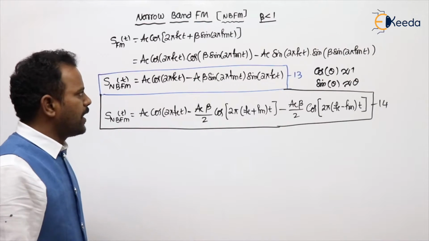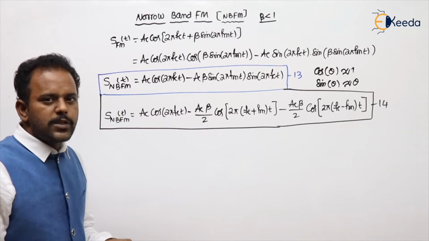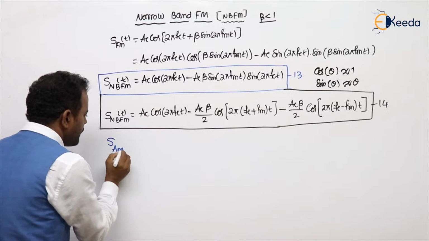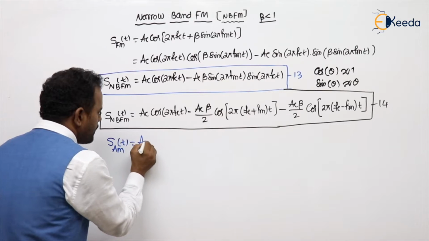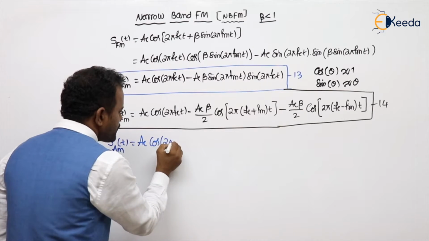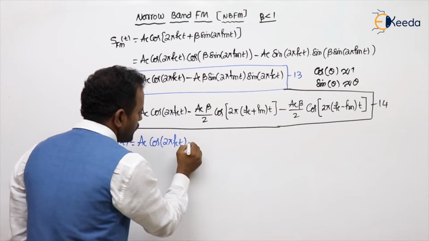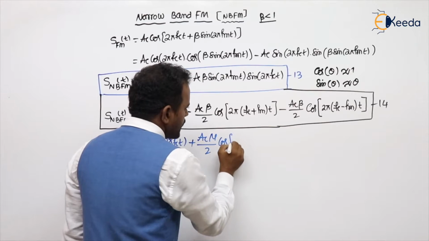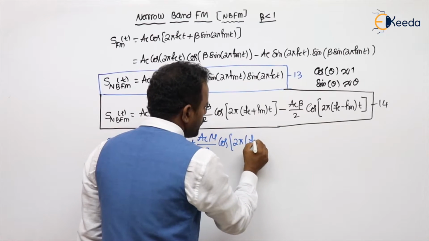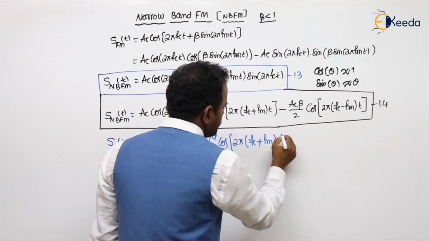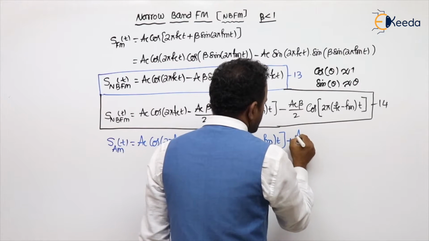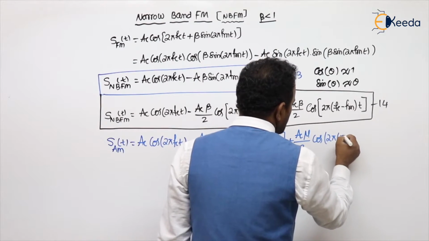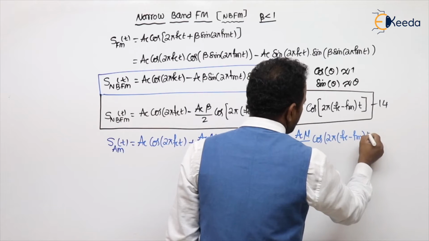Now for analyzing this, let us bring the single tone expression of AM. What is the single tone expression of AM? It is AC cos 2 pi FC t plus AC mu by 2 into cos 2 pi (FC plus FM) t, plus AC mu by 2 into cos 2 pi (FC minus FM) t.